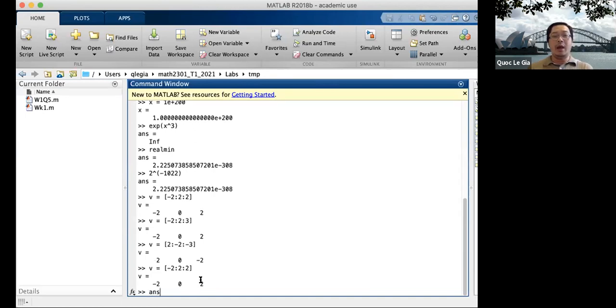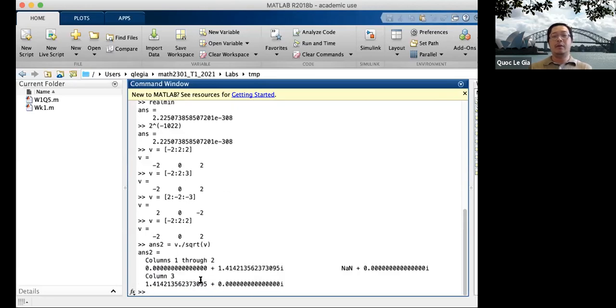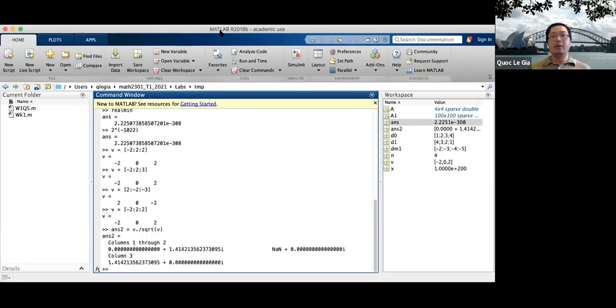And now I have V divided by square root of V. So you see what is going on here. V is a vector of three components: minus 2, 0, and 2.